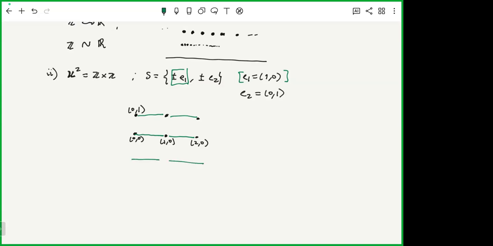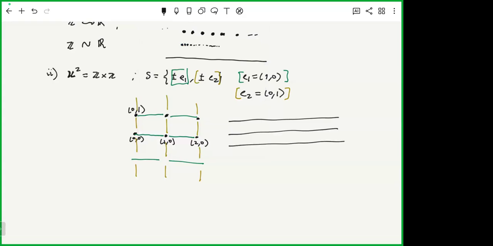And if I use the other generator, I will end up joining every pair of consecutive vertical points, like this. In the end, I'm left with some grid. So this is the space we're looking at, or the graph rather.